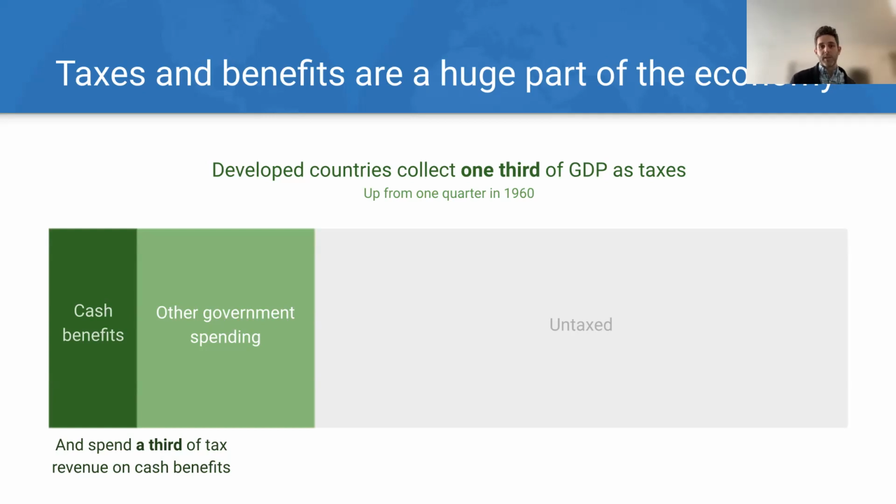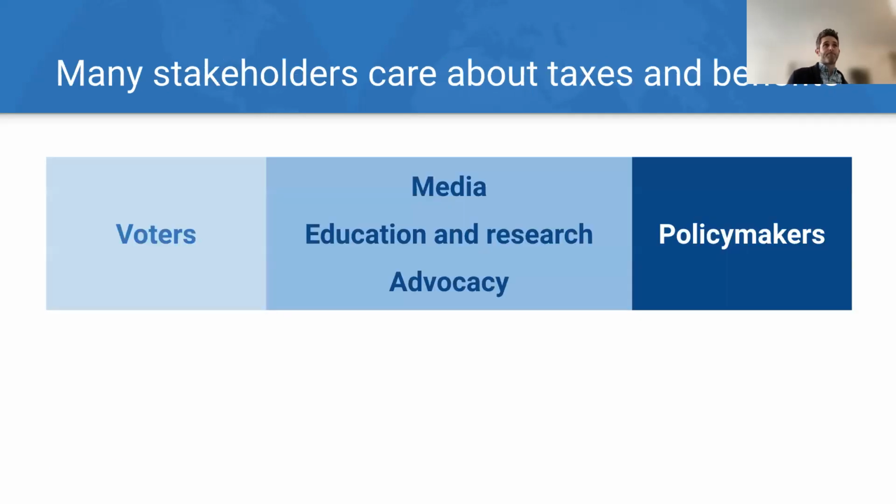So there's a lot of opportunity to help governments make more informed, evidence-based decisions around this enormous part of the economy. And there are a lot of stakeholders that care about this, everyone from voters and households, taxpayers, people who receive benefits, everyone in society, really, this affects in some way. And all the institutions that help people understand how those policies work, and policymakers themselves.